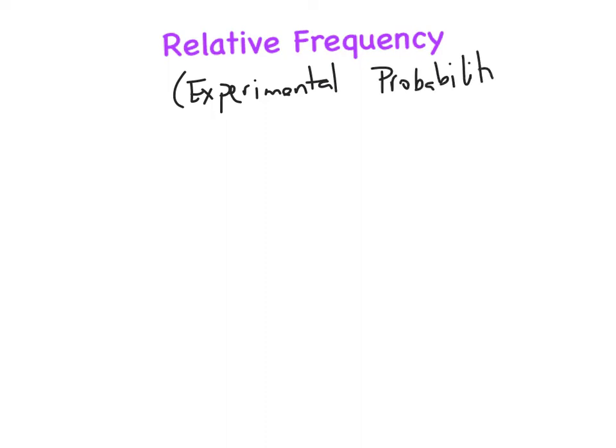Okay, and so lastly, we're going to look at relative frequency. Another name for it is experimental probability, because it's the act of doing experiments or doing trials. Again, it's another concept that we touched on in junior cert.